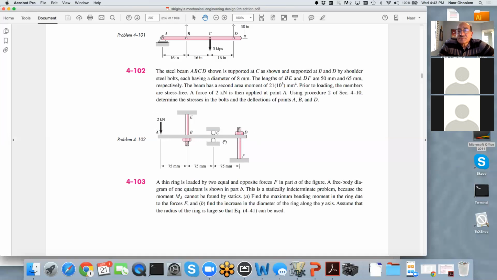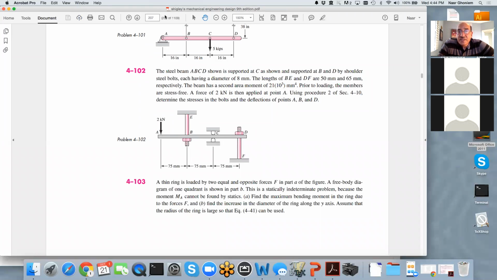And then after we write the moment, I can integrate it and find the deflections. And then the deflections are going to have the relationship between the forces and the constants of integration. So this is the idea.